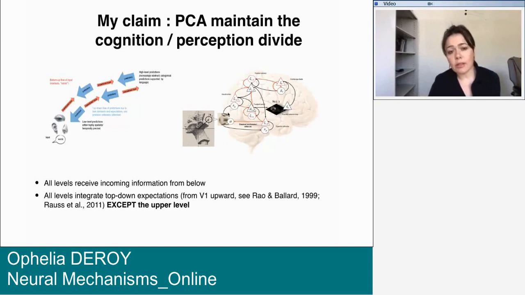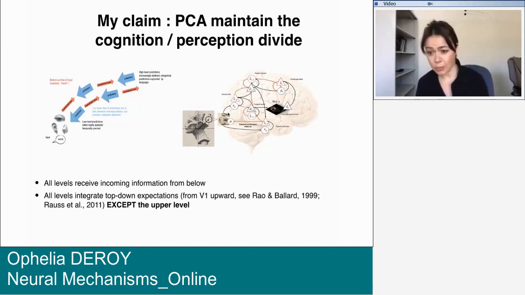Basically, there is a way in which, in this account, you could say that every level is predicted by the level above, except for the very top one. There is a level which is unpredicted and more fundamentally unpredictable, because it has nothing above it to generate these expectations.